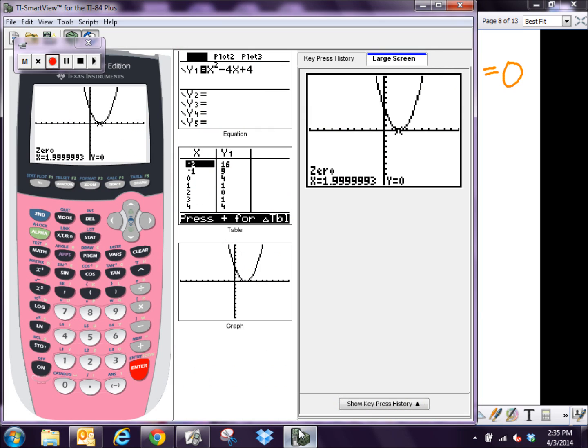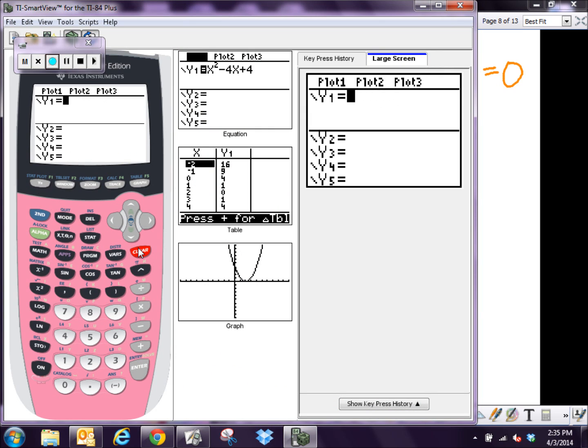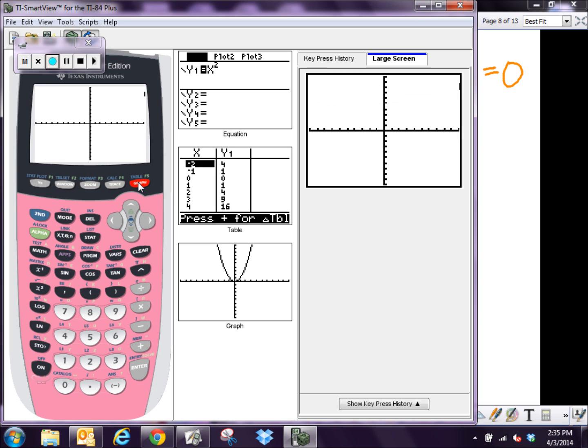So I'm going to go to my y equals. I'm going to type my new equation in. So x squared minus 2x plus 8. And then I hit graph. Okay, so you can see here that it doesn't ever cross the x-axis, which means we don't want to go in and calculate the solutions because there are no solutions.